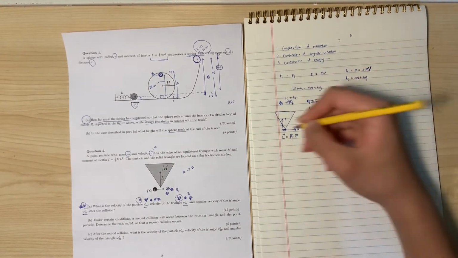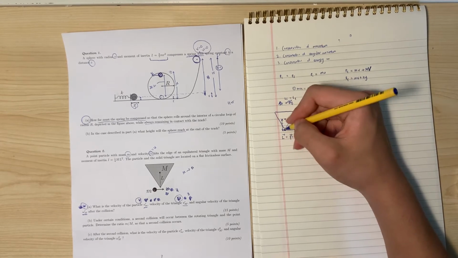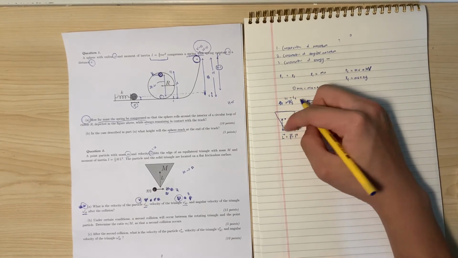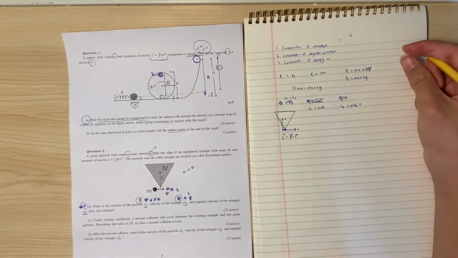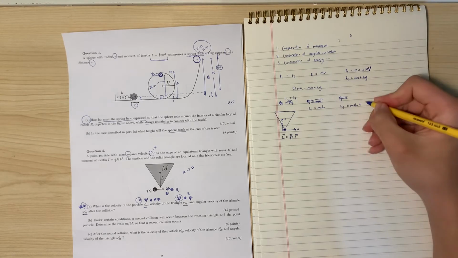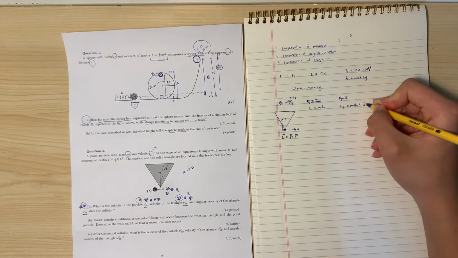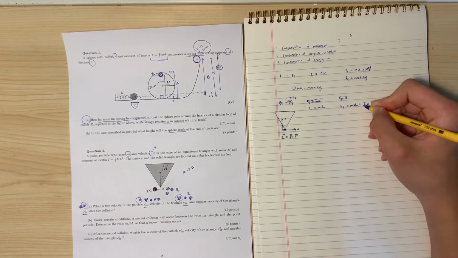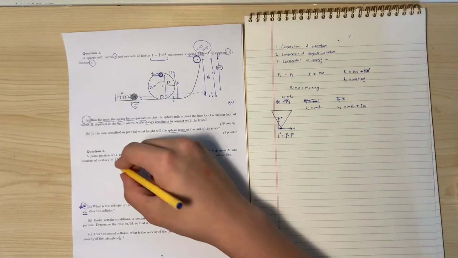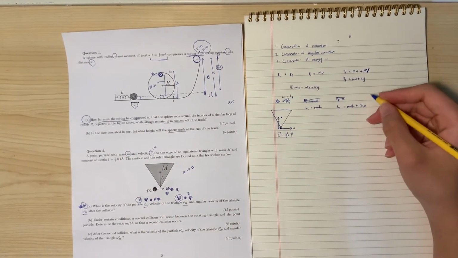But plus, we mentioned that the triangle also is going to spin. After it hits here, it's going to spin like that. So what would be the angular momentum of that triangle? Well, we know that angular momentum is I times omega, I being the moment of inertia given here, times the angular velocity.